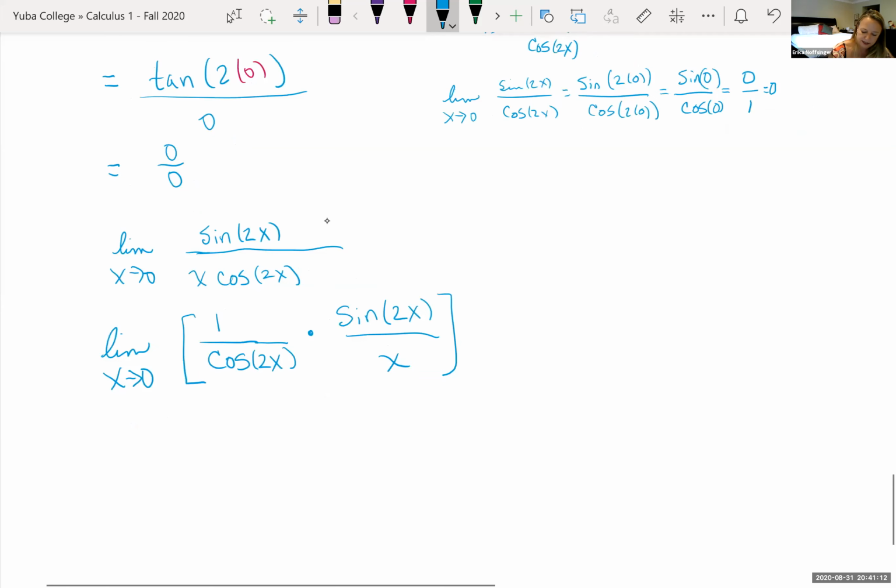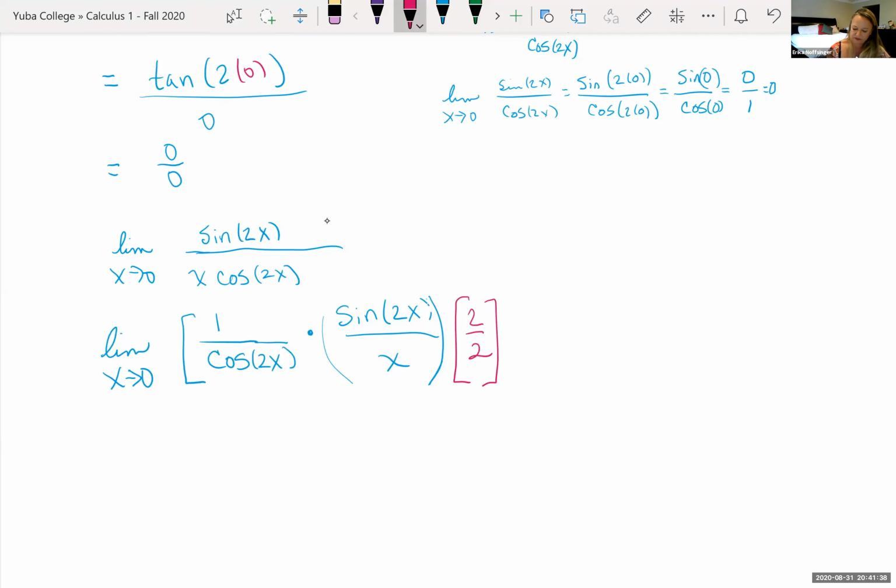So that second fraction almost looks like it, so that we can break it down and make this 1. Well, we need this denominator to have a 2. And so again, we can multiply by a fancy 1 to make a 2 down there where we want it. So if we multiply this piece by 2 over 2, I'm just going to rewrite it equivalently.